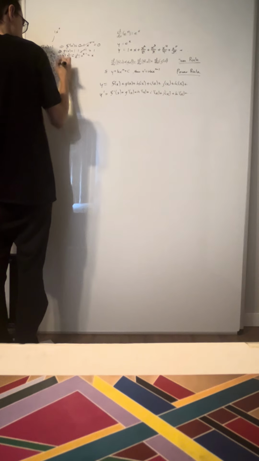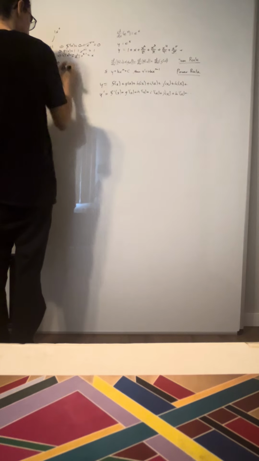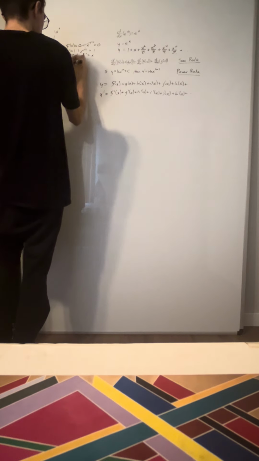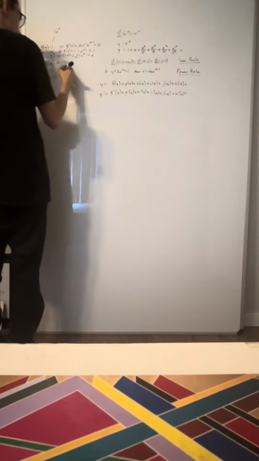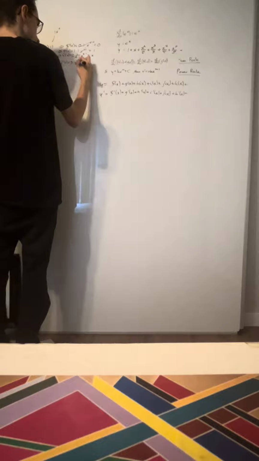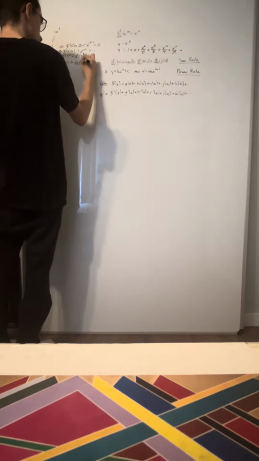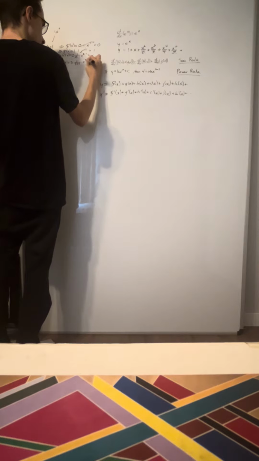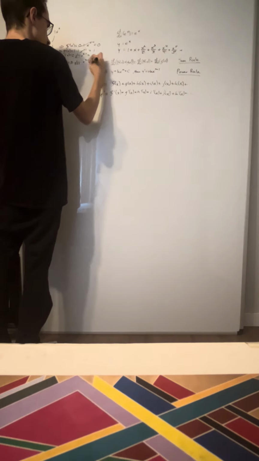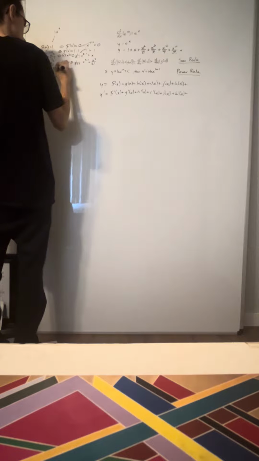And I of x, so we're looking for I prime of x, so that's going to equal 3 for our n, times the coefficient 3 times 2 times 1 for 3 factorial, times x to the 3 minus 1, or cancel the 3's, we're just left with x squared over 2 factorial.